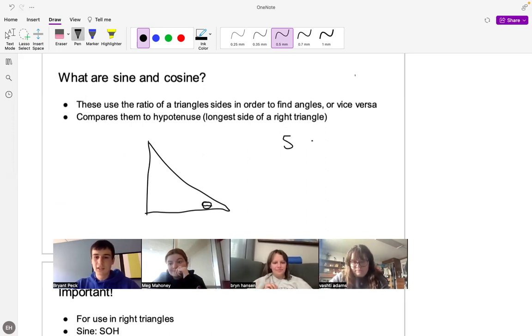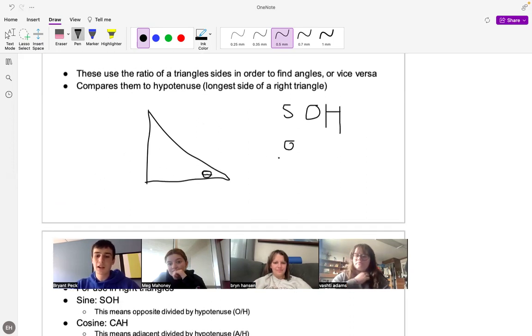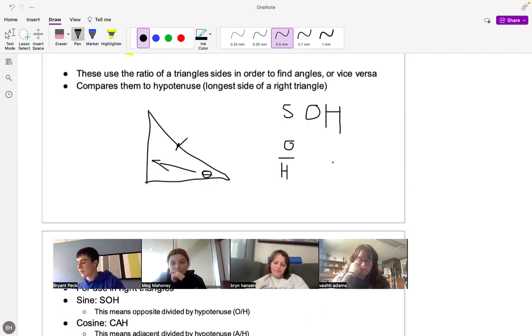our sine function, remember our little acronym is SOH, so that means it's going to be opposite over hypotenuse. To break that down a little bit, the opposite side is straight across from the angle here, and the hypotenuse is the longest side in a right triangle. So that'd be this one. And if we did cosine, that would be the side containing the angle.